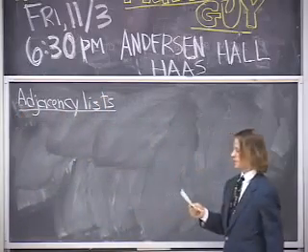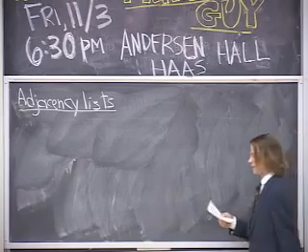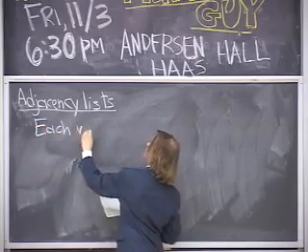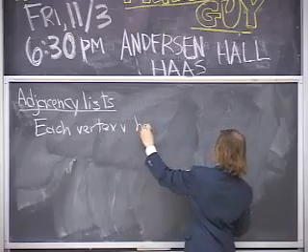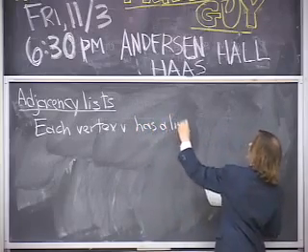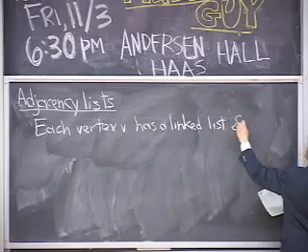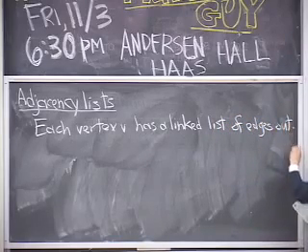So adjacency lists work like this. An adjacency list is actually a collection of linked lists. Each vertex in the graph has its own linked list of all the edges that go out from that vertex.